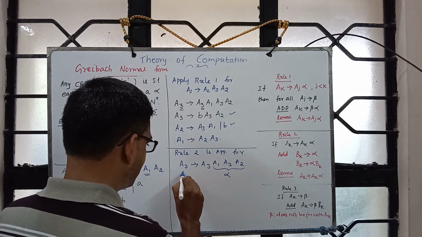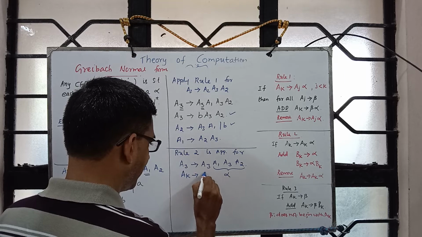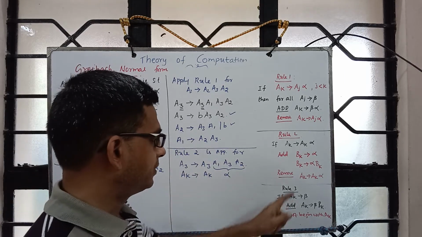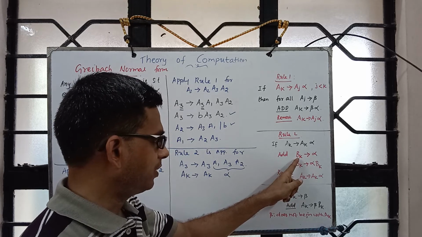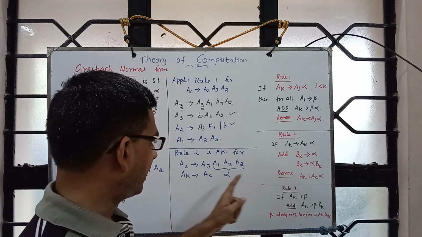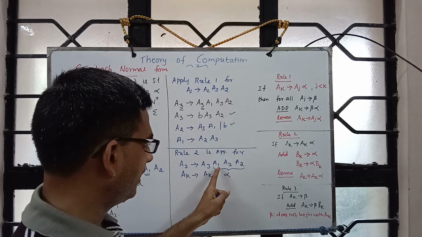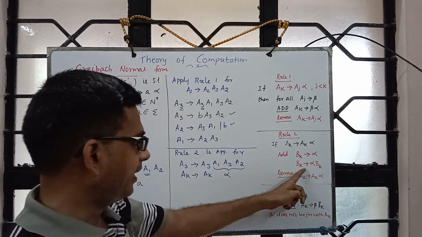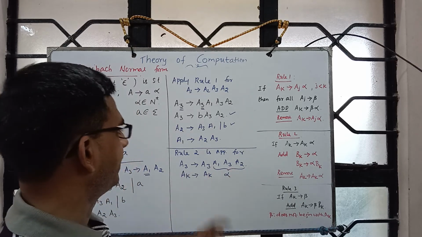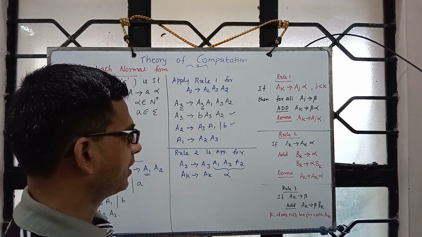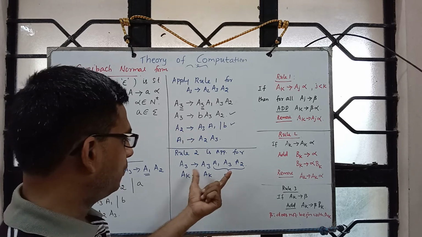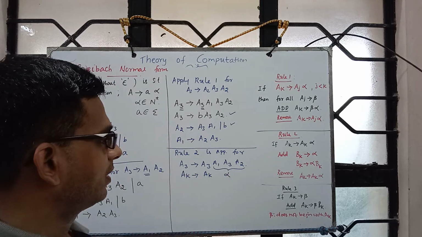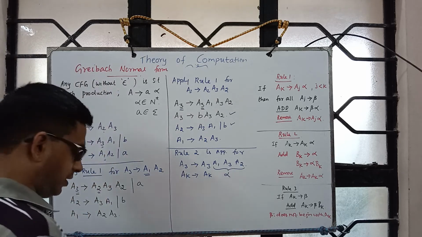Current value of K is 3. So AK implies AK alpha. What it says is you introduce a new variable called BK and add productions BK implies alpha and BK implies alpha BK. Okay, and remove this production. Fine, let's do that.